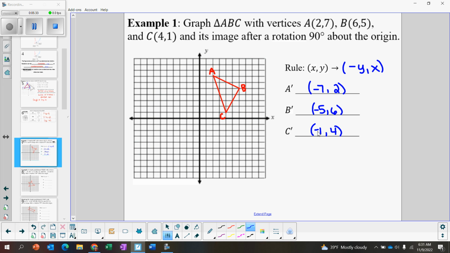So this should give me (-7, 2), (-5, 6), and (-1, 4). So I'll plot those points, graph those lines, and that is my rotated figure. That's my image.